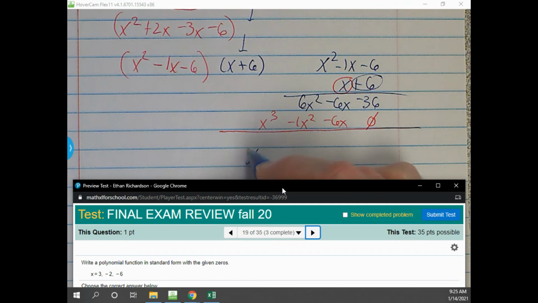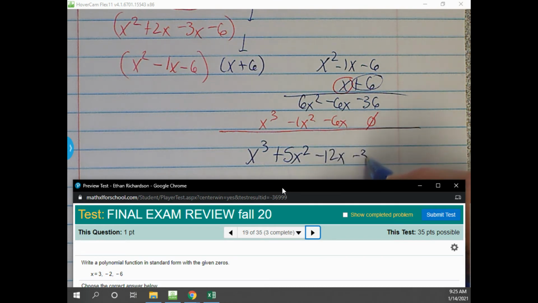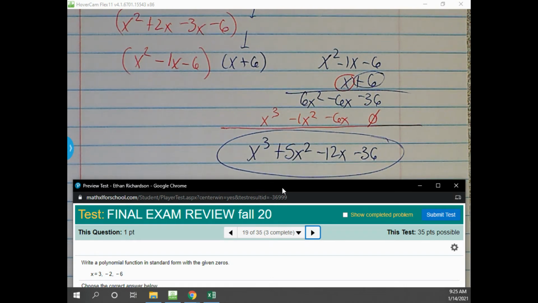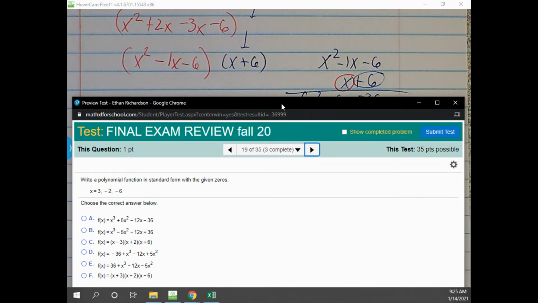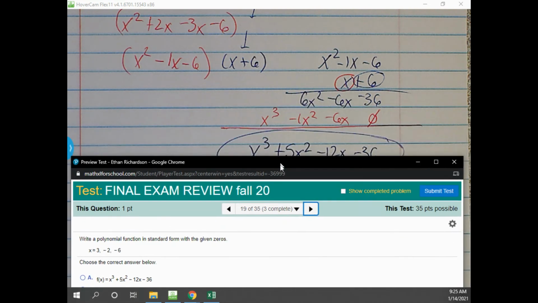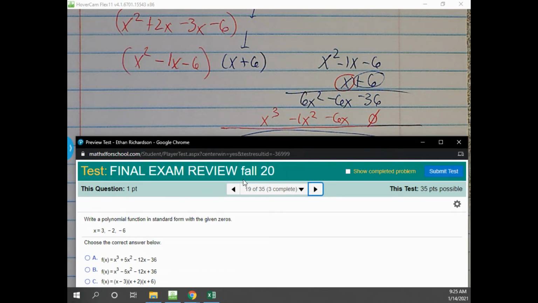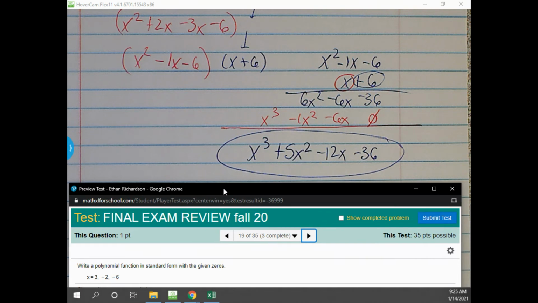So we've got x to the third, 6 minus 1 is 5, negative 6 minus 6 is negative 12, and then the minus 36. And that one should be the first answer. X plus minus 5. Yep, would be the first answer that we've got there.